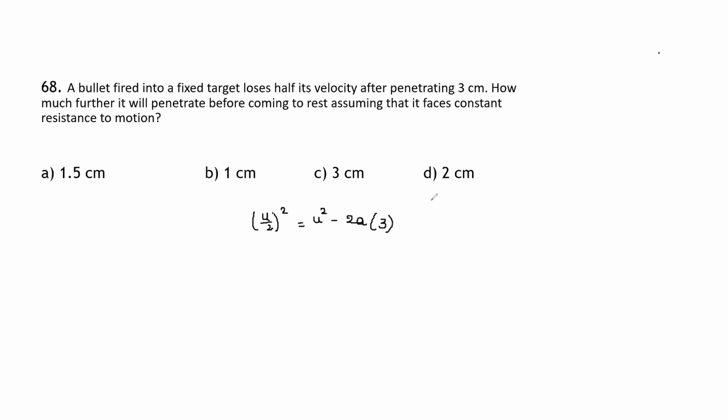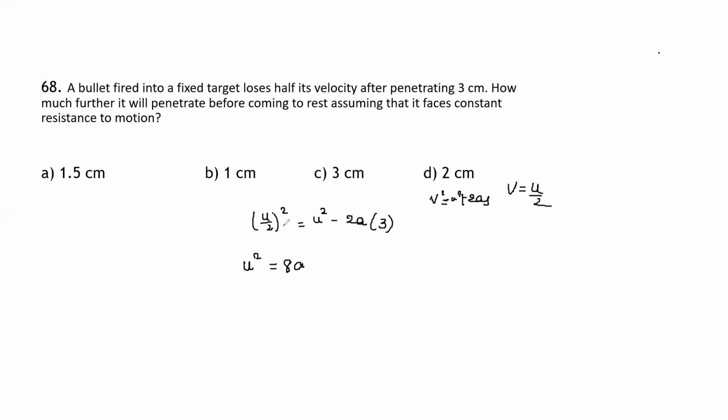The formula is v square is equal to u square plus 2as. Here, after traveling half, it loses the velocity. Therefore, the final velocity becomes u by 2. Therefore, I have taken it as u by 2 whole square is equal to u square minus 2a into 3. Or we can also write it as u square is equal to 8 into a.